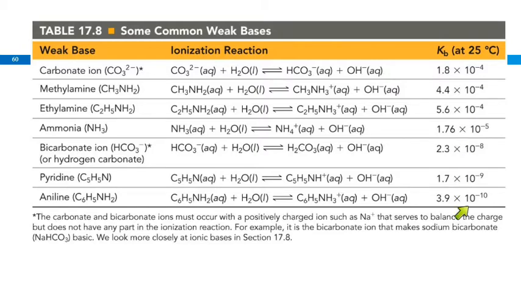The Kbs at room temperature are listed over here. Those are not things that you memorize. We also have the carbonate ion and the bicarbonate ion, or hydrogen carbonate ion. And as the asterisk says, the carbonate and bicarbonate ions must occur with a positively charged ion, such as sodium, that serves to balance the charge, but doesn't take part in the ionization reaction.